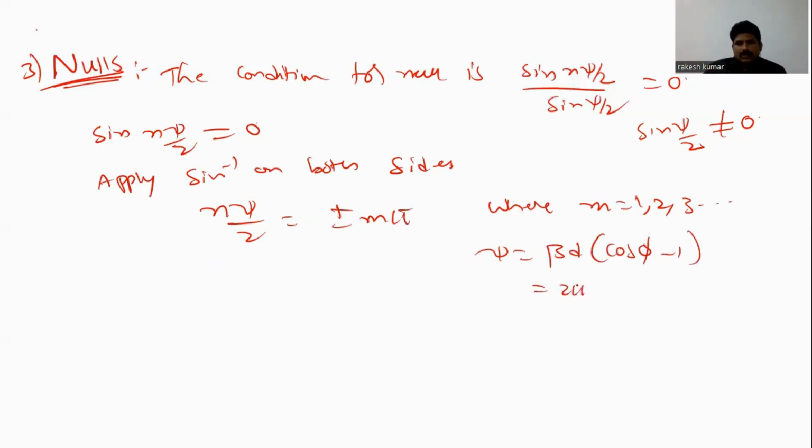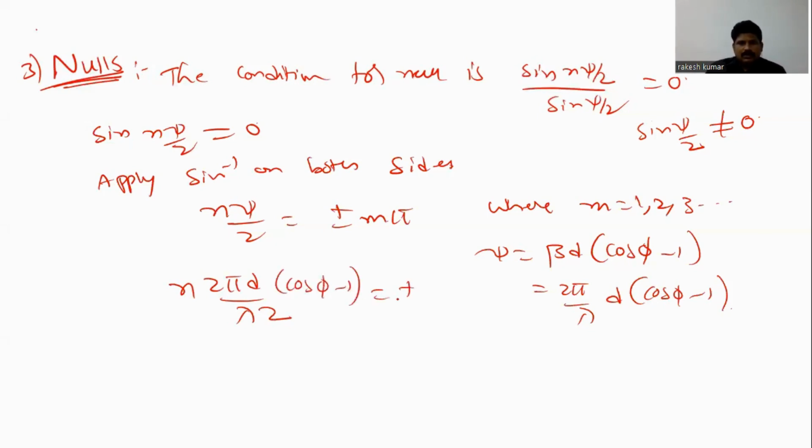Beta means 2 pi by lambda into d cos phi minus 1. I'm substituting here: n into 2 pi d by lambda by 2 into cos phi minus 1 is equal to plus or minus m pi. 2 will get cancelled. Pi will get cancelled.